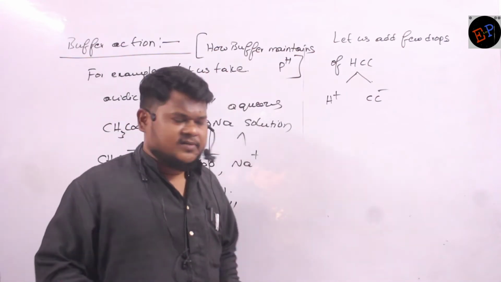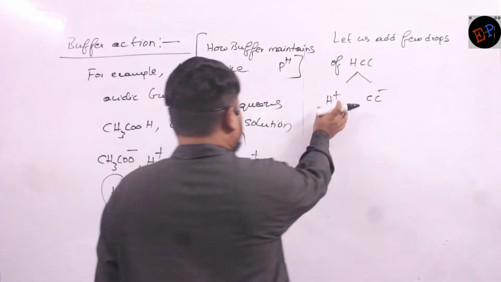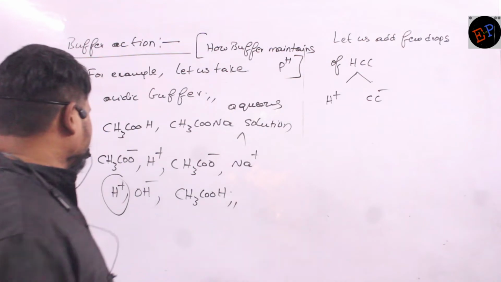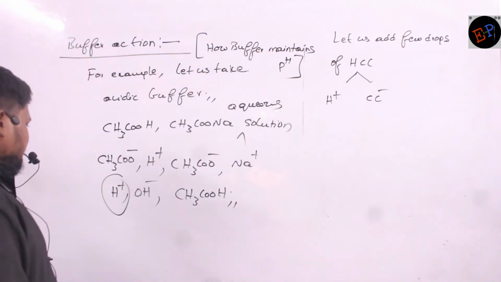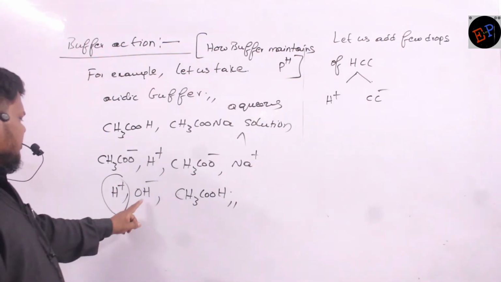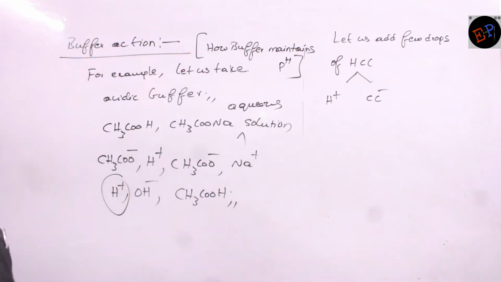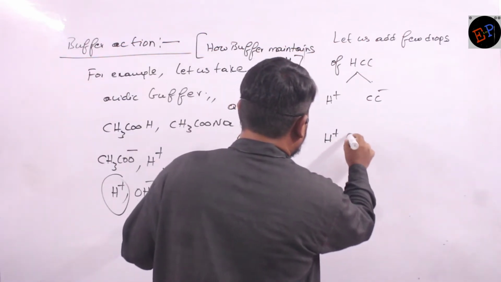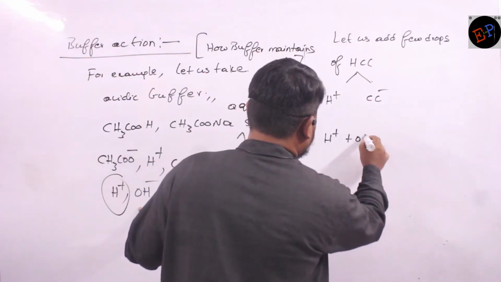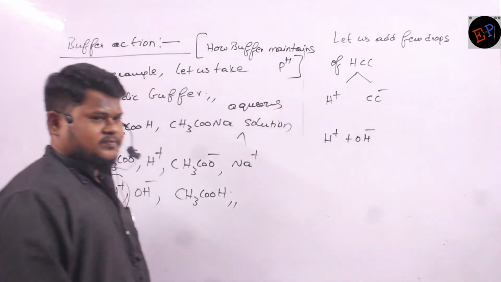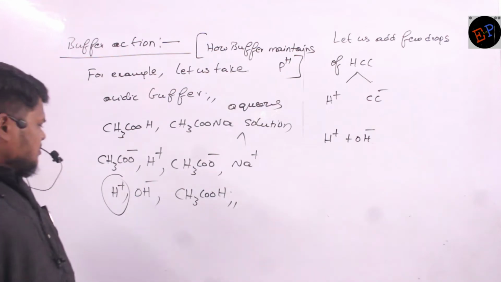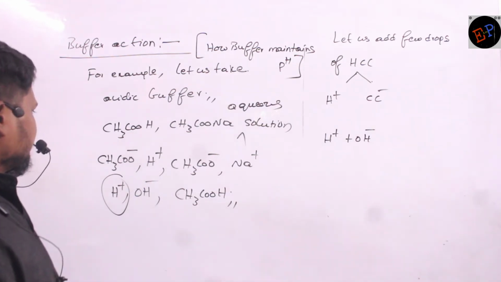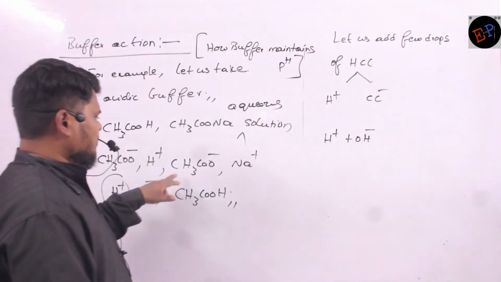Are you able to understand what is happening? So these H plus ions, what do they react with? They may react with OH minus ions. Or is there any other method? Okay.